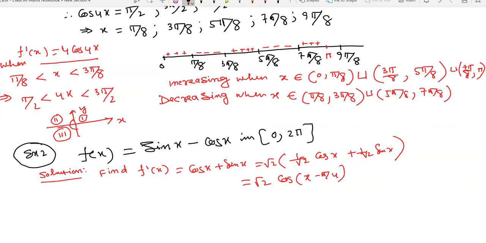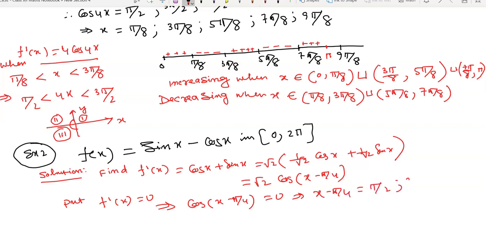Now the next step is to find critical points. Put f dash x equal to 0. This implies cos x minus pi by 4 equal to 0. So x minus pi by 4 is going to be pi by 2, 3 pi by 2, and 5 pi by 2 you won't take, it is more than that.